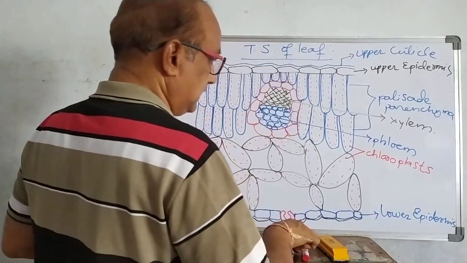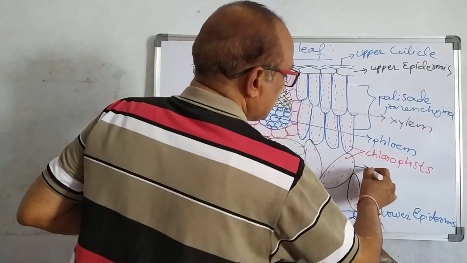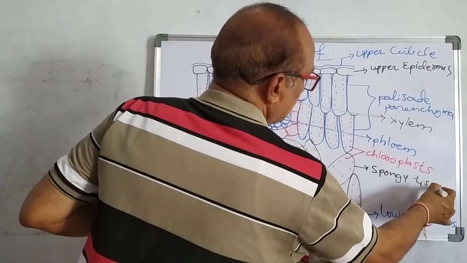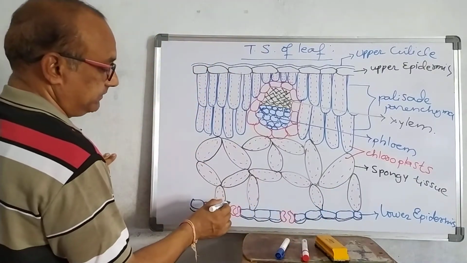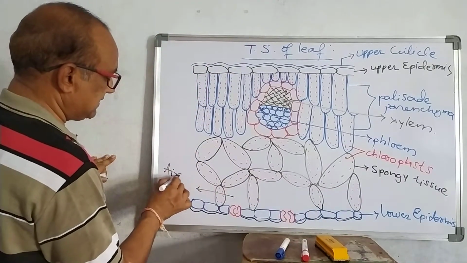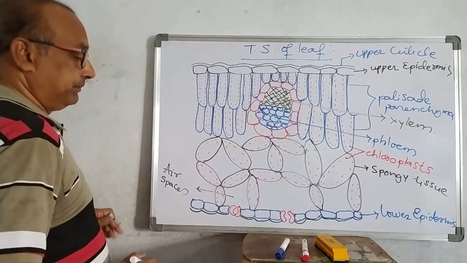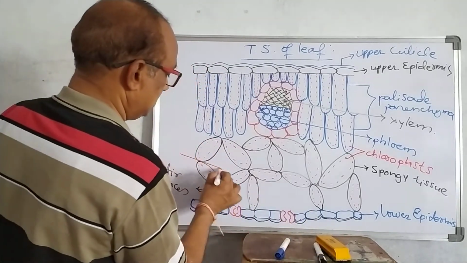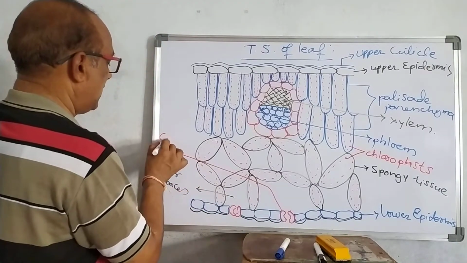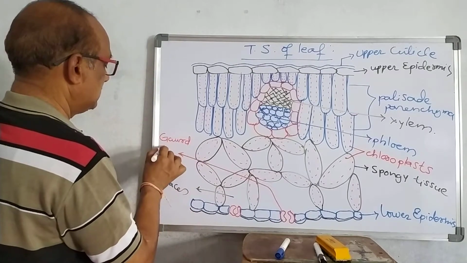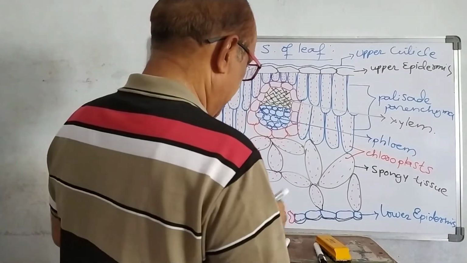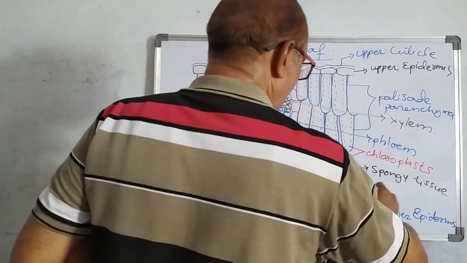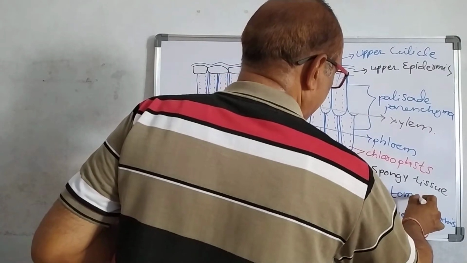And the black colored cells are called spongy tissue, and these are the air spaces between the spongy cells, and these red colored cells are called guard cells, and in between these guard cells we can find the hole called stomata.